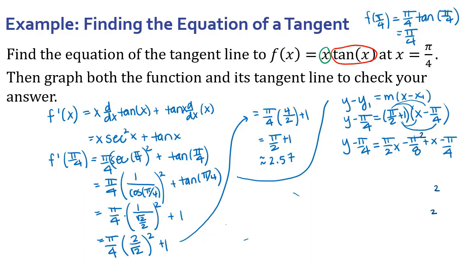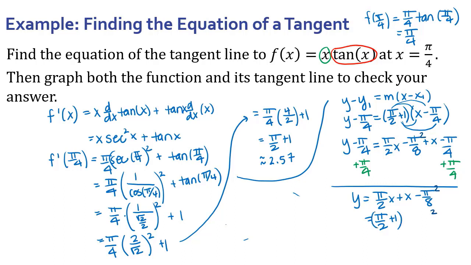The first thing I might do is move this pi over 4 over, because that gets rid of that one term. So I'm left with y equals pi over 2 x plus x minus pi over 8. I could rewrite that as pi over 2 plus 1 times x minus pi over 8, or you could leave it just like that.